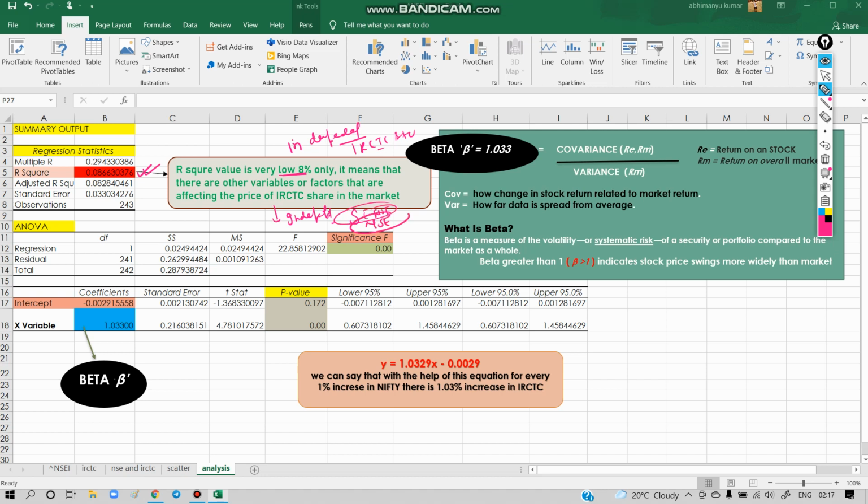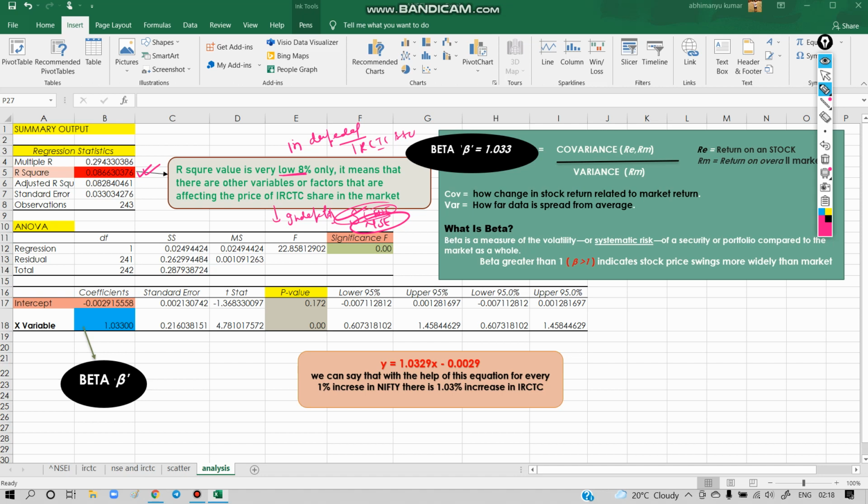So there are other factors, 92% other factors, which are affecting the share price of IRCTC.